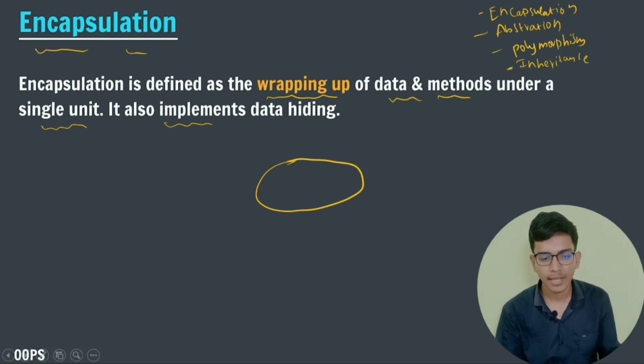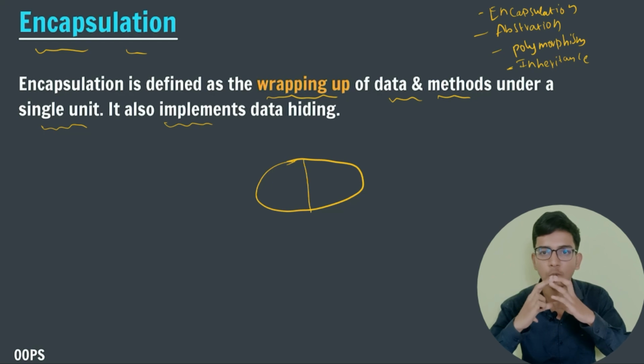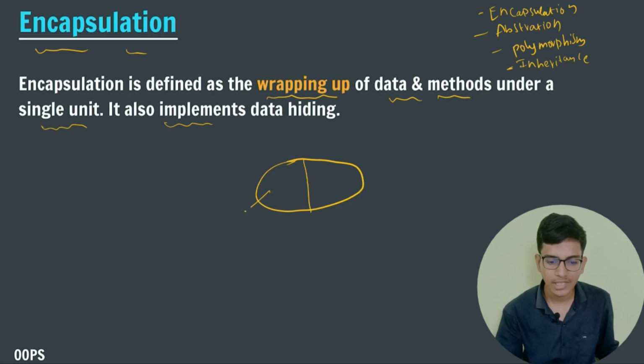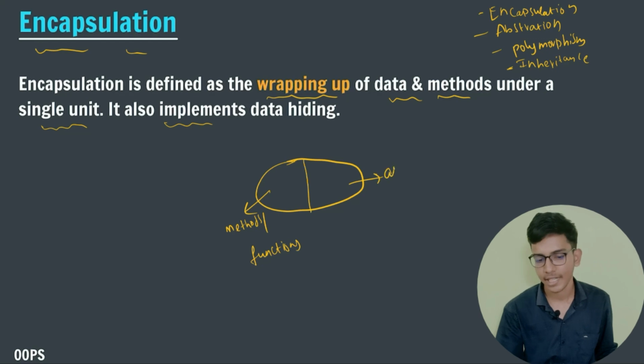So encapsulation is nothing but wrapping up of data and methods. So in encapsulation, that is nothing but capsule, we have two things. One is methods or functions, and the second one is attributes or properties.